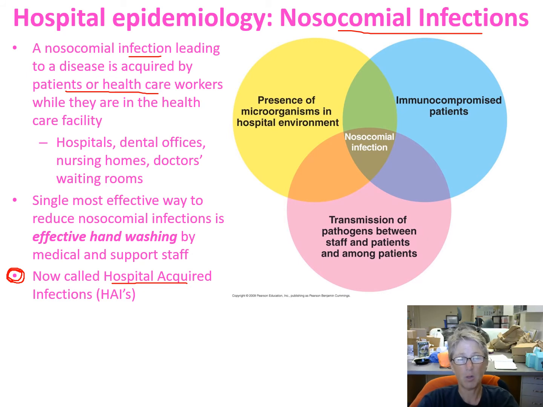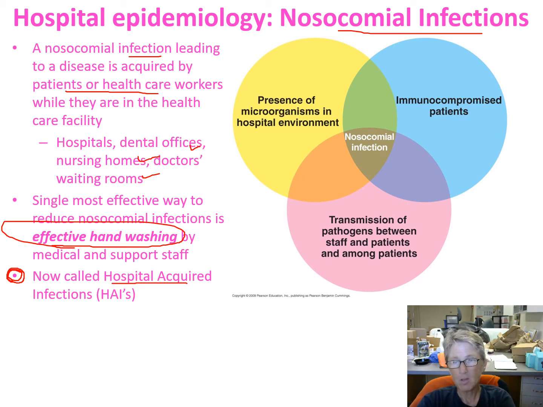And you can get those not just in hospitals, but also dental offices, nursing homes, doctors' waiting rooms. Single most effective way to reduce hospital-acquired infections? Boom, hand washing by medical and support staff. I should back up. Effective hand washing. And I think we all know how to do that in the time of COVID-19.